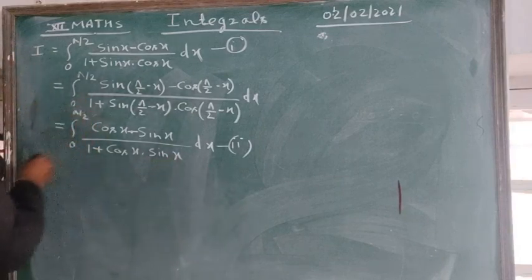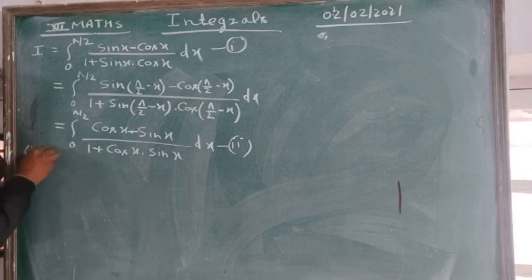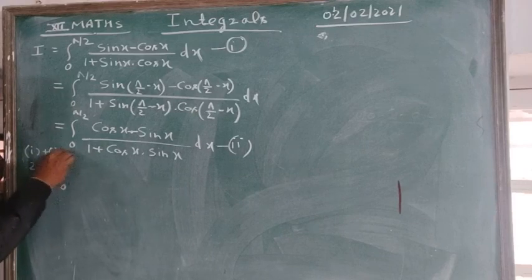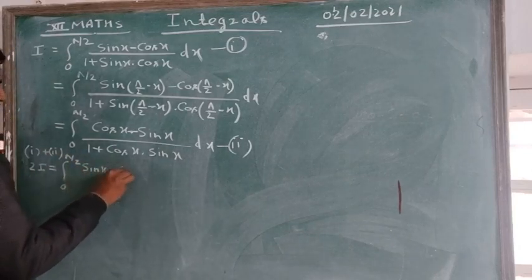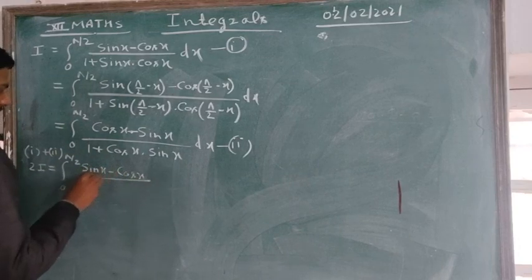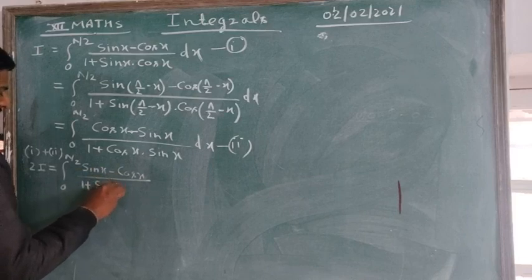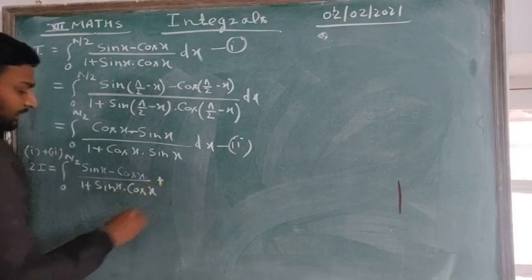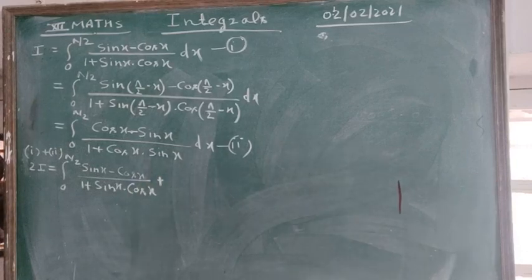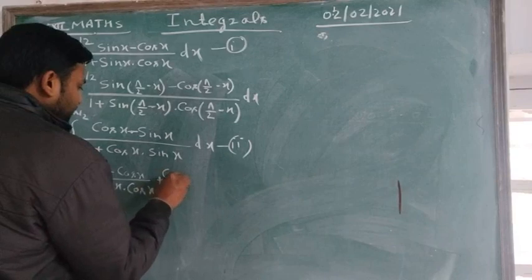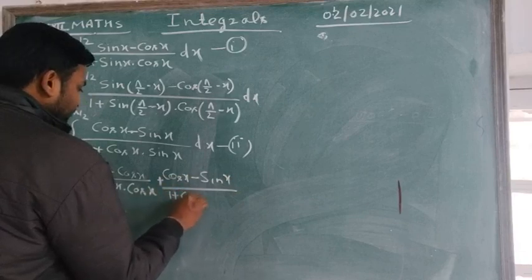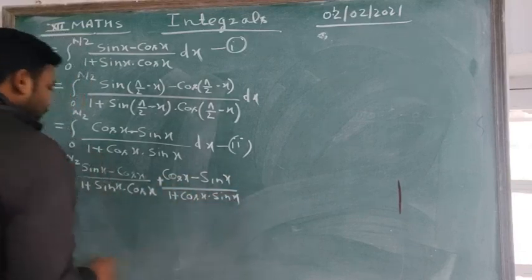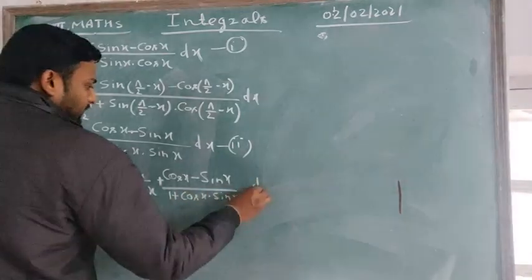When we add these two equations, we get 2I is equal to the integral from 0 to pi by 2 of (sin x minus cos x) by (1 plus sin x into cos x), plus (cos x minus sin x) by (1 plus cos x into sin x), dx. Okay, students.